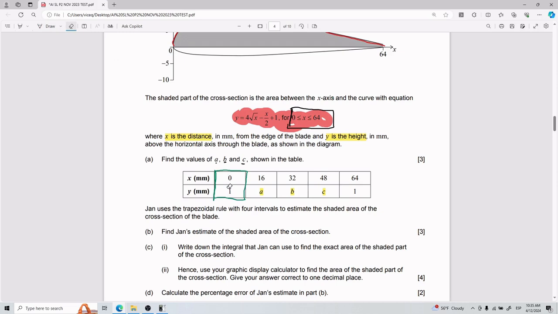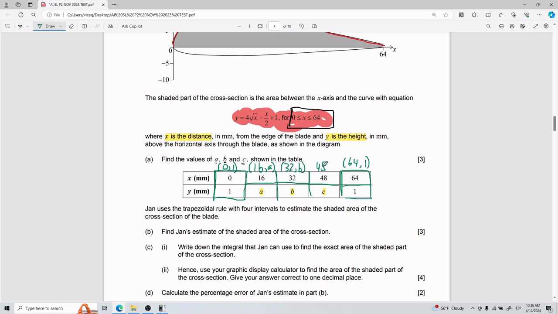So this point here is 0, comma 1. That means that this point here is 64, comma 1. Interesting.